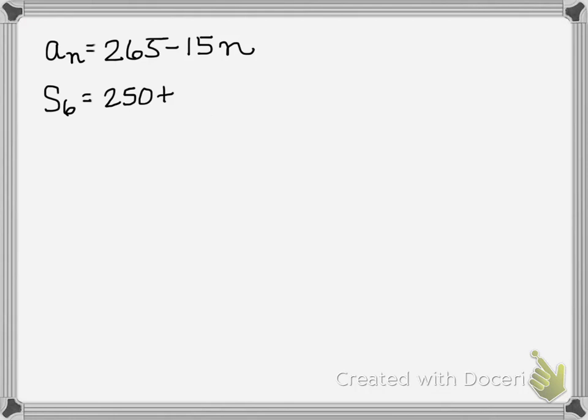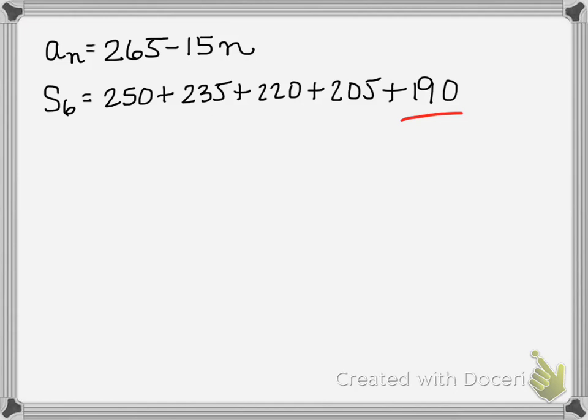I'm still adding the next term, which is 15 less than 250, which is what, 235, and then plus 15 less than that is 220, and then 15 less than that is 205, and 15 less than that is 190. So there's the correct 5th term, which was the alarm that went off the first time through this. And then plus 15 less than that is 175.